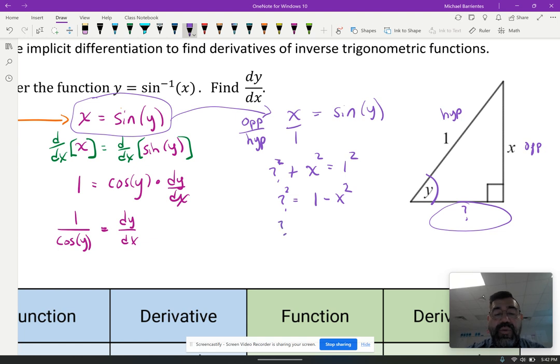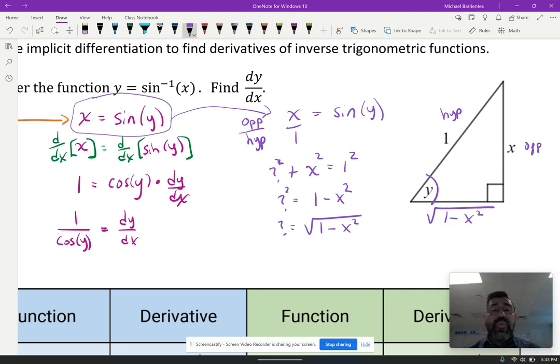Or you can say the question mark is actually just the square root of 1 minus x squared. Remember, whenever we take the square root, it's usually positive or negative. But since we're talking about the length of a triangle here, I'm going to say it's the positive square root of 1 minus x squared. And so here, I just figured out the length of this side of the triangle.